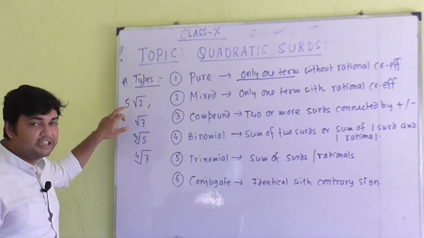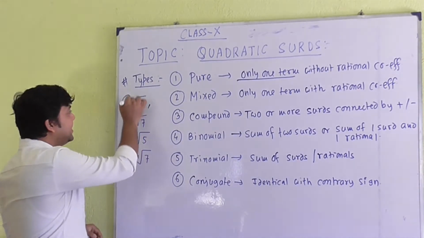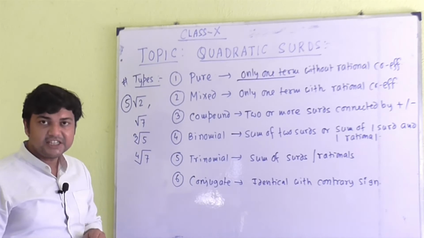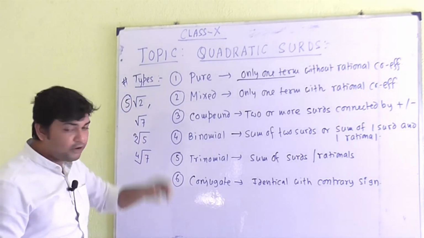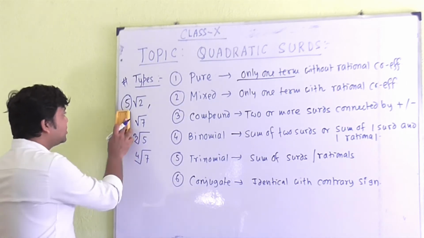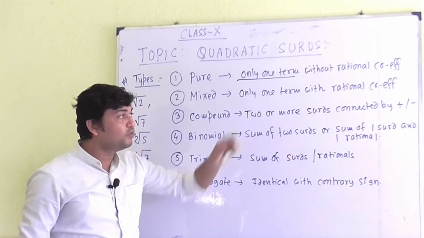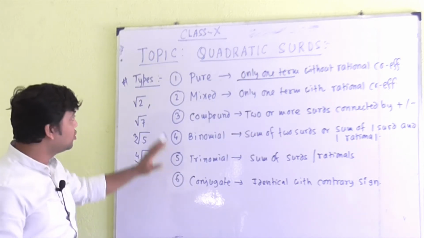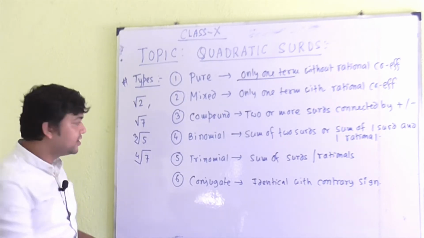If we think about this surd 5 root 2, then we can find a rational number here. 5 is a rational number, so that will be treated as the rational coefficient. But for the pure surd, this part should not be present. So only one term without any rational coefficient is known as the pure surd. These are the examples of pure surd.